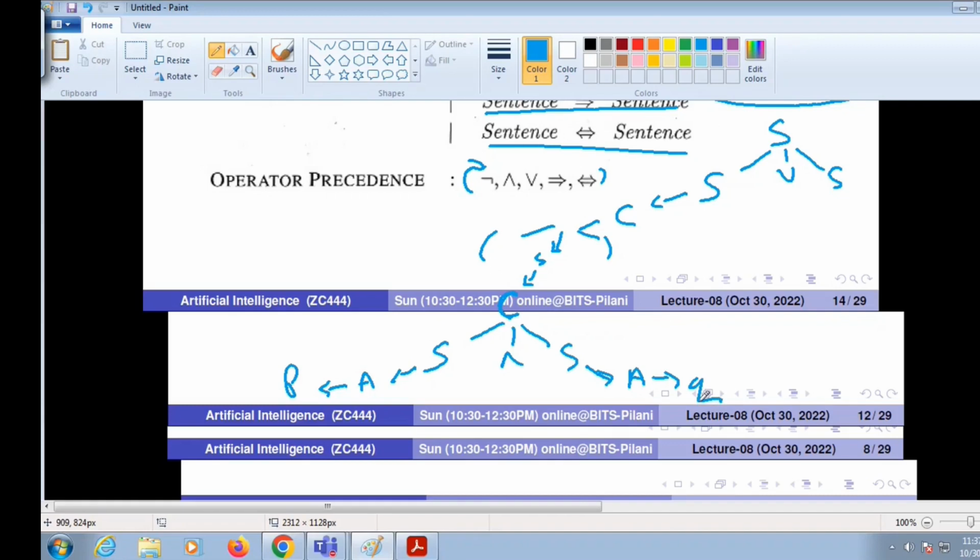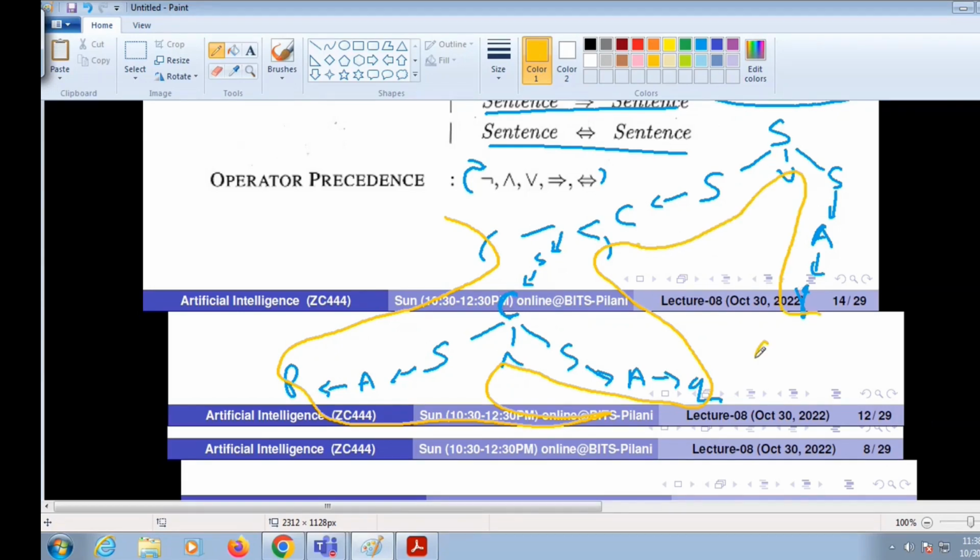This could be an atomic sentence. An atomic sentence can be Q. From here, R can be an atomic sentence, and if it is R, I can write it like this. So I have created a tree, with the bracket, then P, then and, then Q, then the bracket, and then R and R. So I have created this.